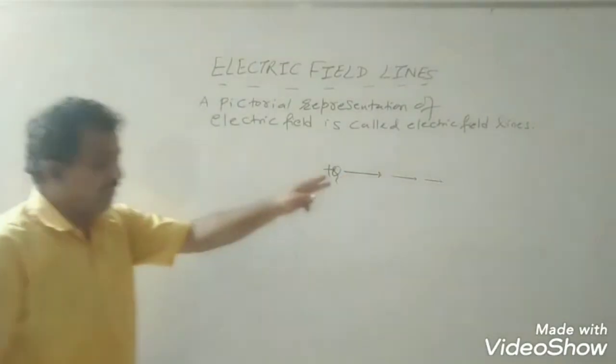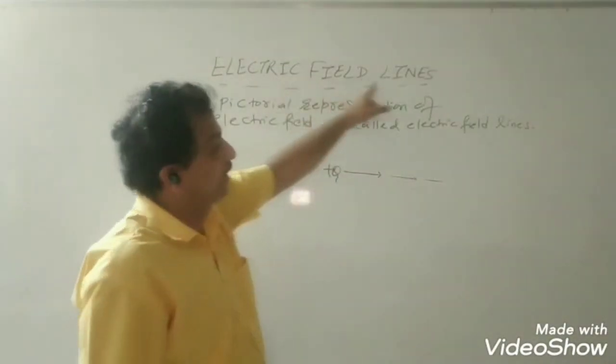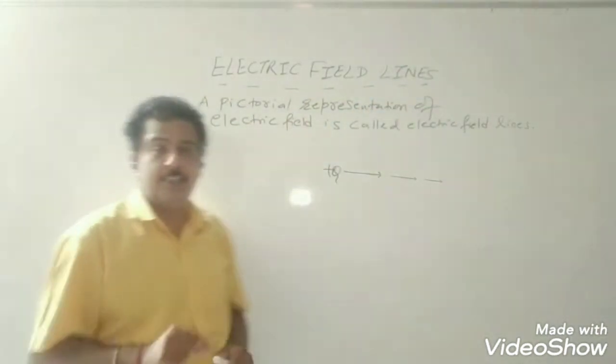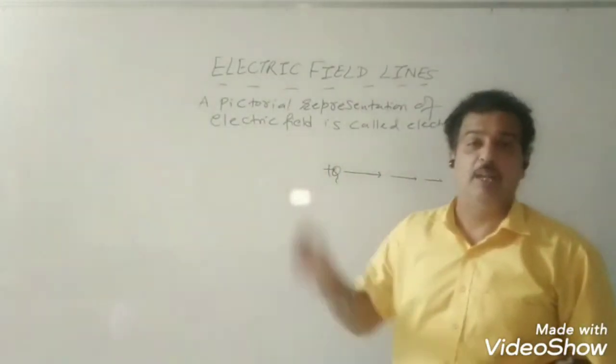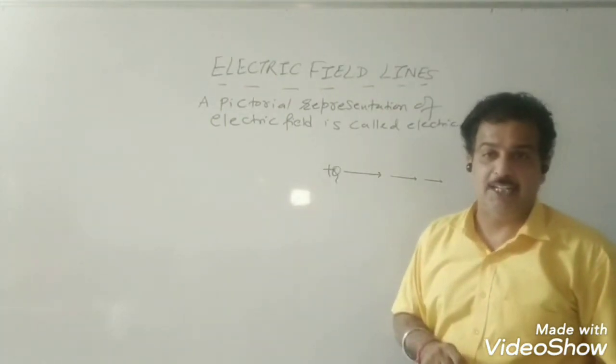Now what are these arrows? These arrows are called electric field lines. Now this arrow indicates the direction in which the test charge will move if it is allowed to move freely.